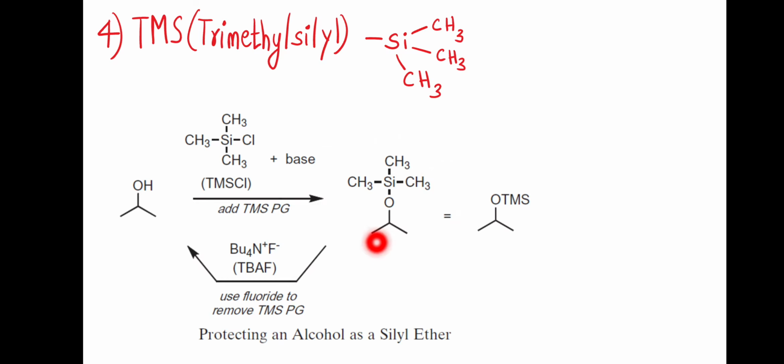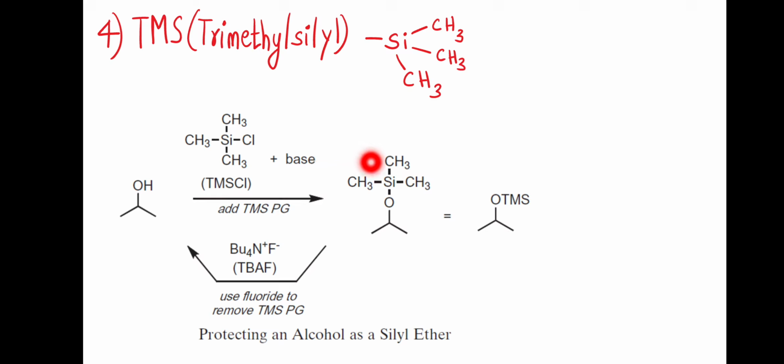Now always remember, for the deprotection of silyl protecting groups, what do you use? You use a fluoride source, fluoride ion F minus. Why? Because fluoride has a very strong affinity for silicon, not oxygen, silicon.